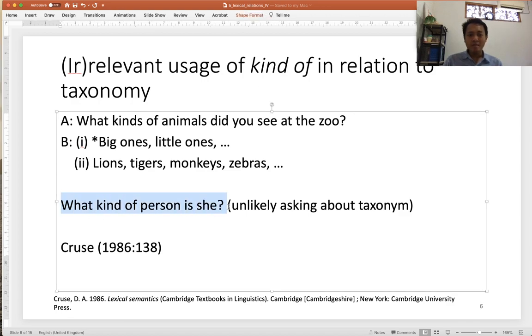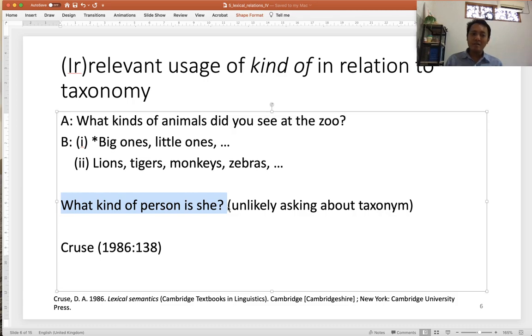Now, this question, what kind of person is she? It is unlikely asking you about the hierarchy of person. You are not being asked about the hierarchy of person, unlikely asking about taxonomy, in other words.